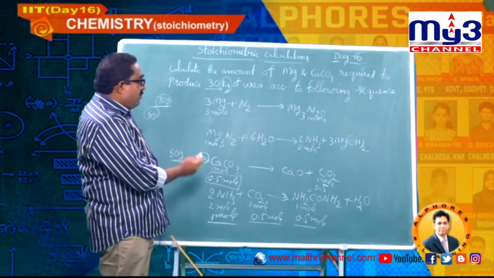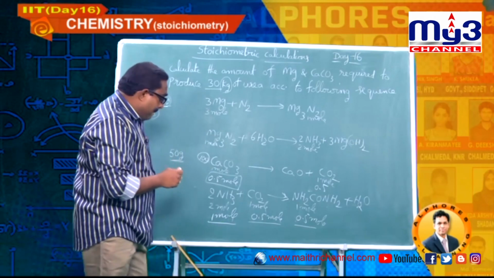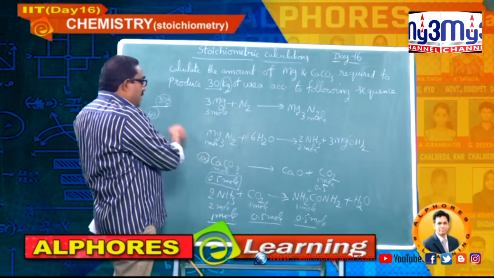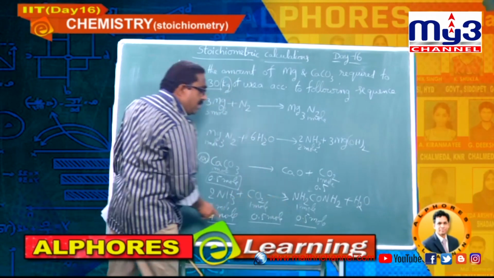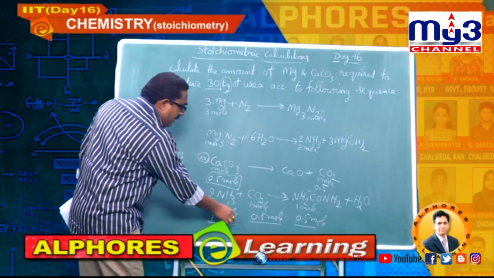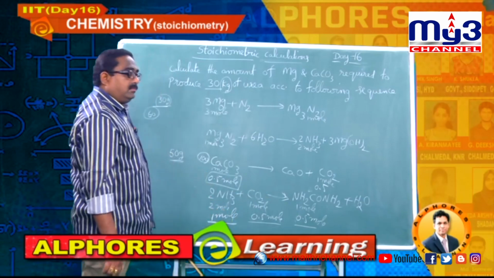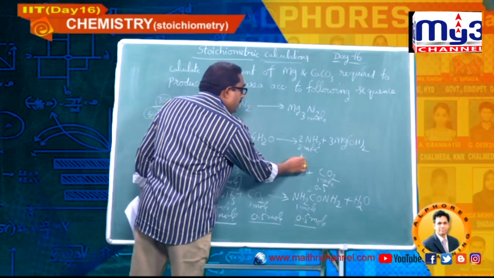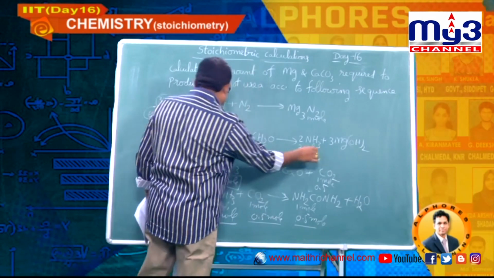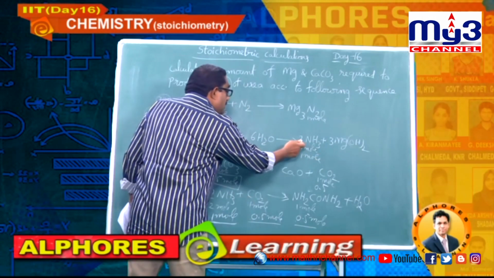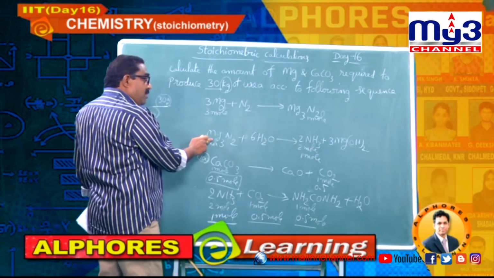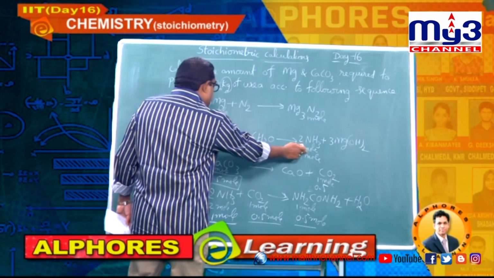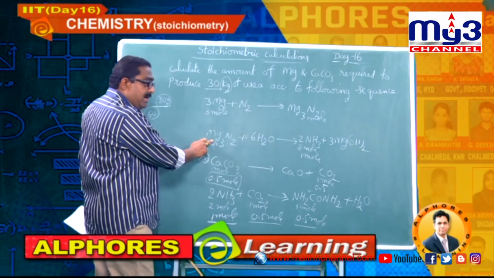Now we have to go for the next sequence, that is for ammonia. To produce 30 grams of urea, that is 0.5 mole of urea, the requirement of ammonia is 1 mole. Here your requirement is 1 mole. Here 2 moles of ammonia are coming from only 1 mole of magnesium nitride.